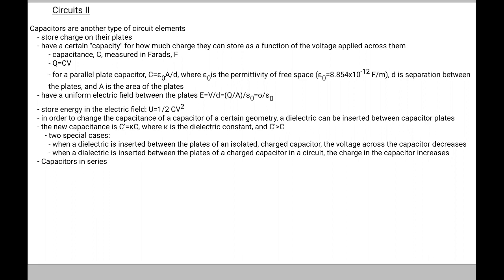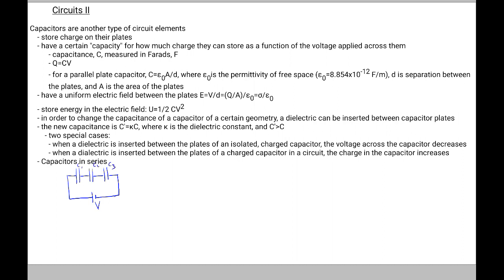Now, just like resistors, capacitors can be added in series or in parallel. So let's look at capacitors in series. Here we have 3 capacitors connected across a battery, and let's say that the battery has a voltage V. We have capacitor 1, capacitor 2, capacitor 3.